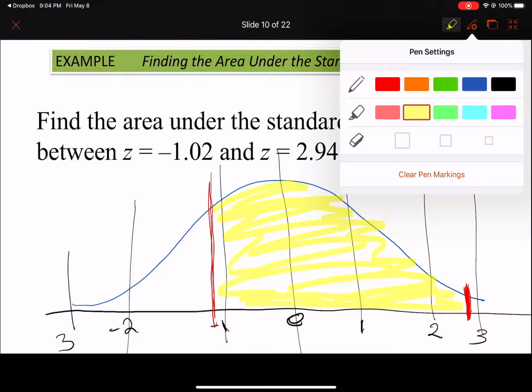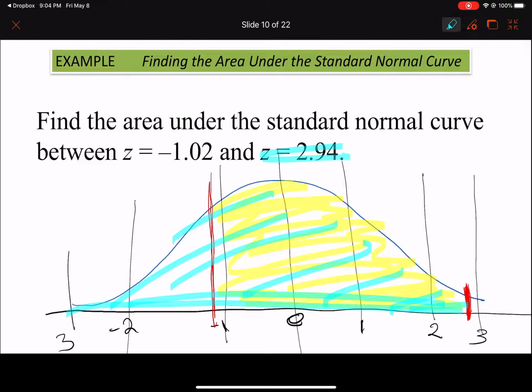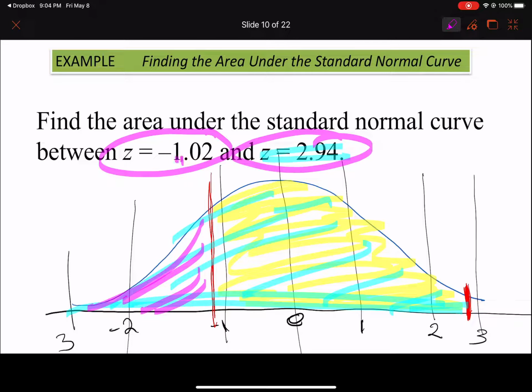So what I can do, and we did something like this before, is if I look at my z-table and I find the 2.94, I'm going to get the area of all of this. And if I use the z-table for negative 1.02, I'm going to get all of this. So can't I take this right here and then subtract that off?